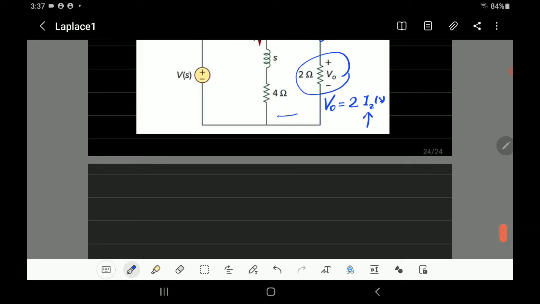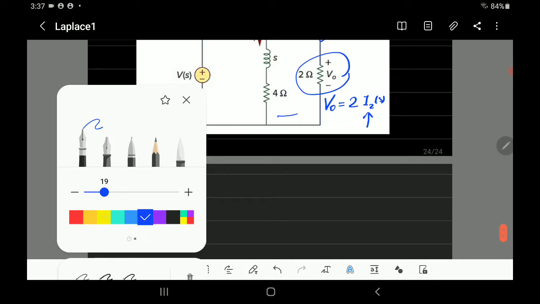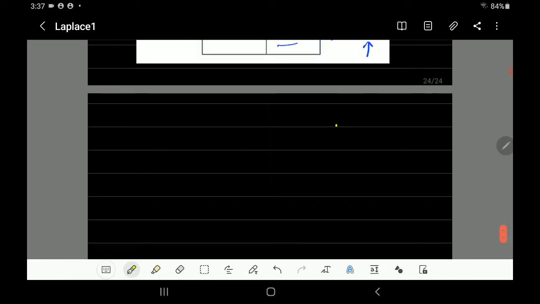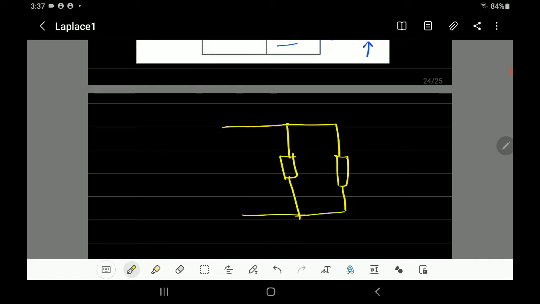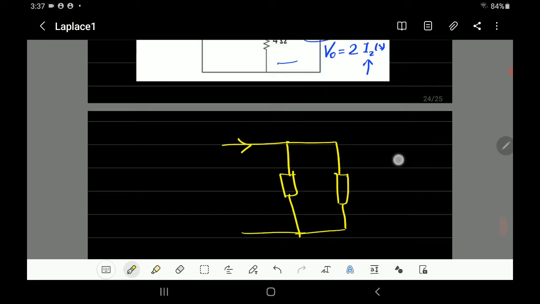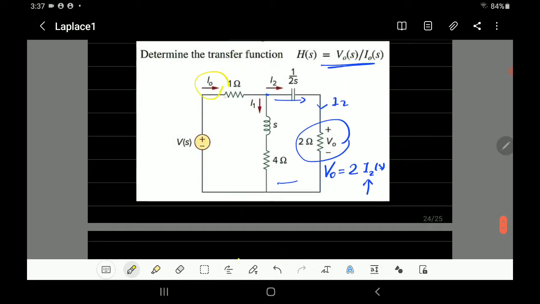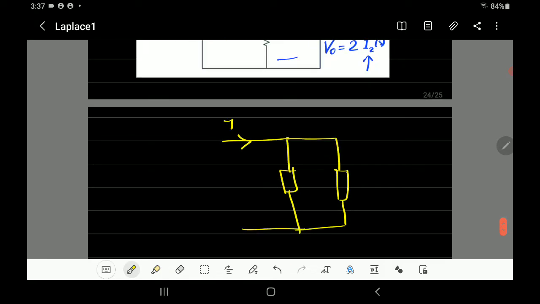If you have two branches in parallel, with the current going in being I naught, and the current here I2, and here I1, with impedances Z1 and Z2.